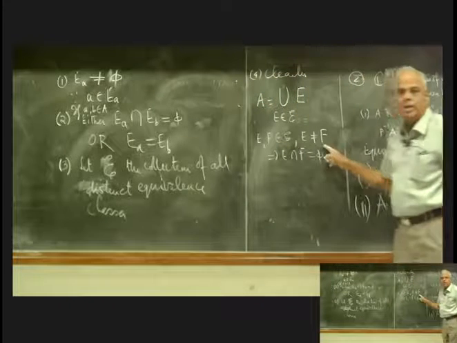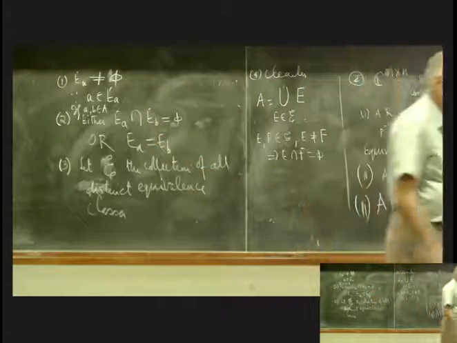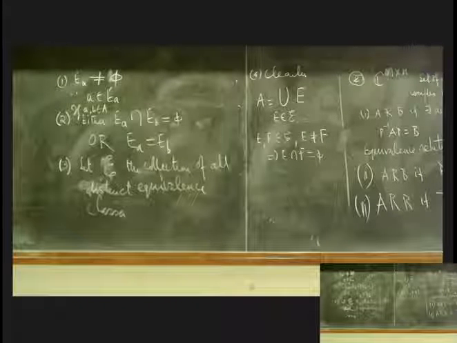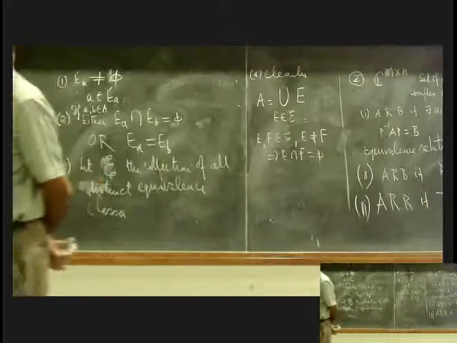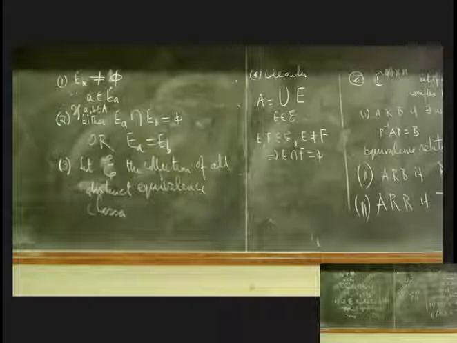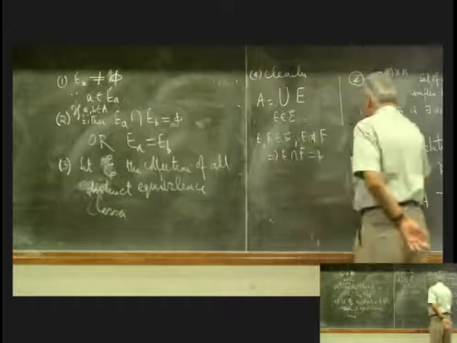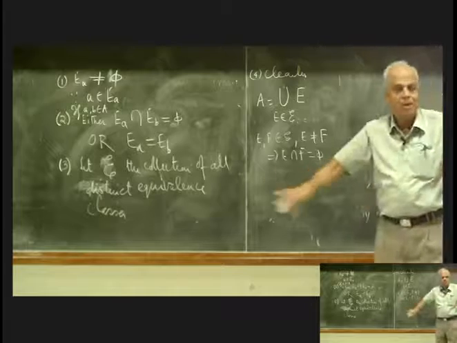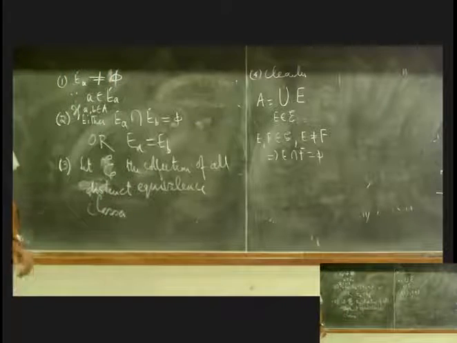They are distinct, so they are not equal, but if two equivalence classes are not equal, they have to be disjoint. Okay, so this is what is meant by saying we have a partition of the set A into disjoint equivalence classes. So every equivalence relation gives rise to a partition. Remember a partition, that's all. Take the set, split it into pieces, no two pieces have anything in common, and all the pieces put together give me the whole thing. That's all a partition is.